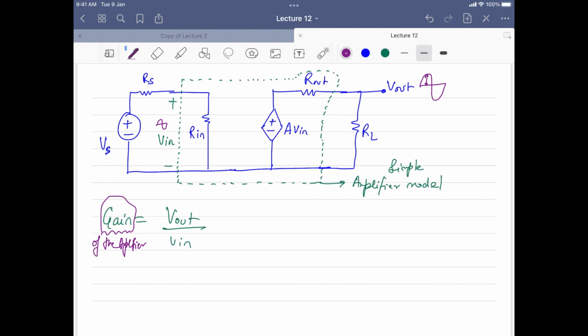Yeah, but we have to recognize where the V in will be, because there are so many sources like Vs also. Circuits won't be this simple, so we have to recognize which part will be the load resistance and V out. Sometimes it is given in an exam.